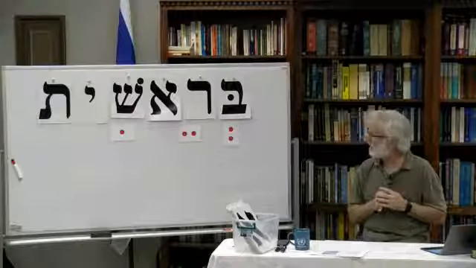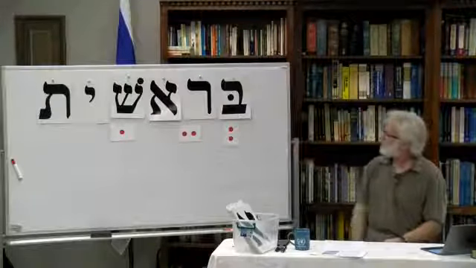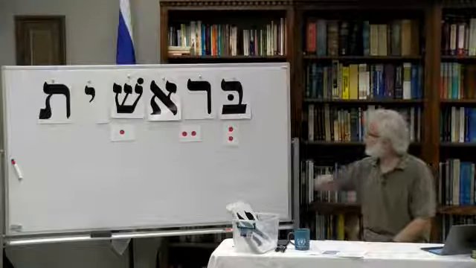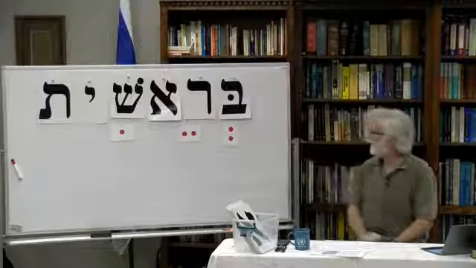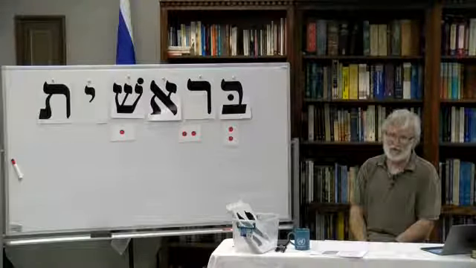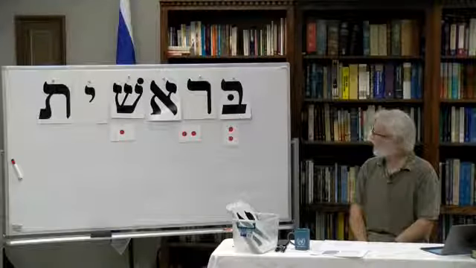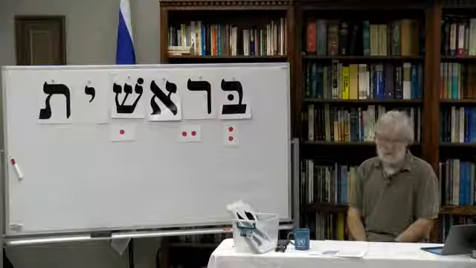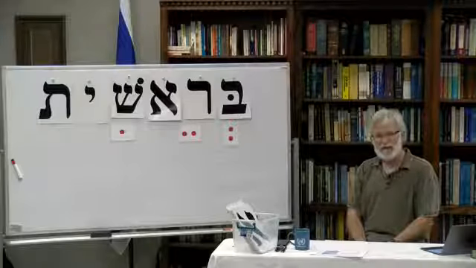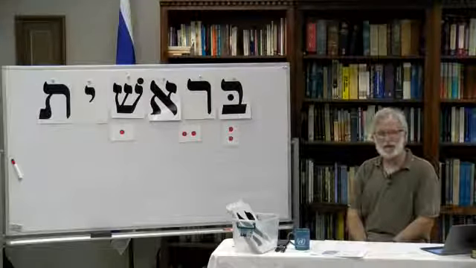So think about those things. Bereshit, our very first word in the Hebrew Bible, begins with the vowel sound that we finished up with tonight. It is a half vowel, and again, it's called the vocal shavah.